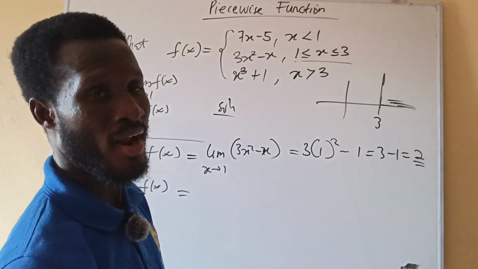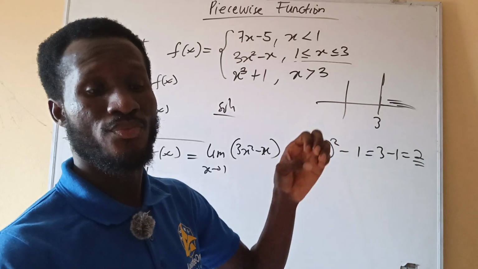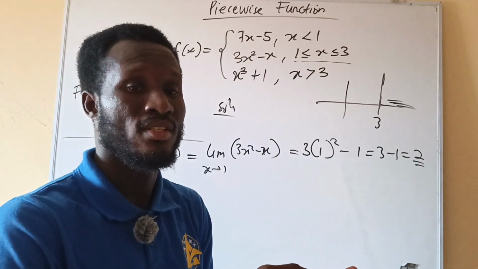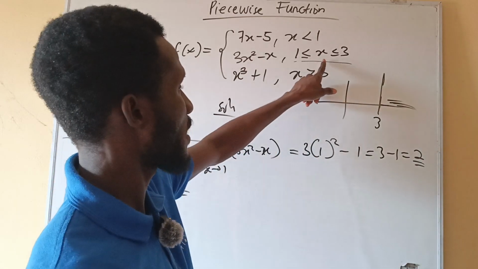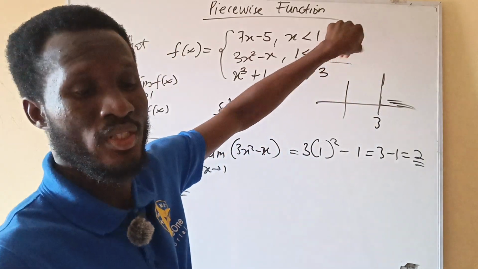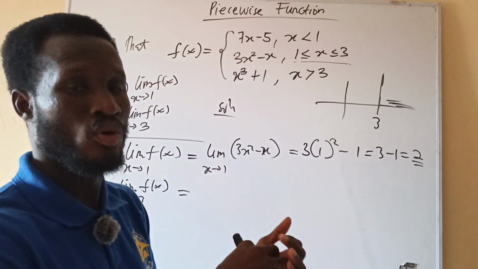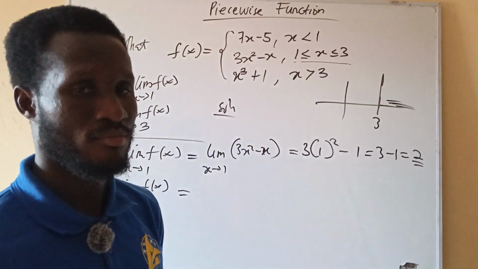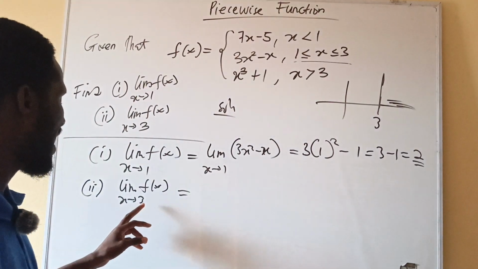And since it is at the right, it means the limit is approaching 3 from the right. Now this one is s less than or equal to 3. Any number less than 3 will be the limit of s approaching 3 from the left, because it is less than 3.